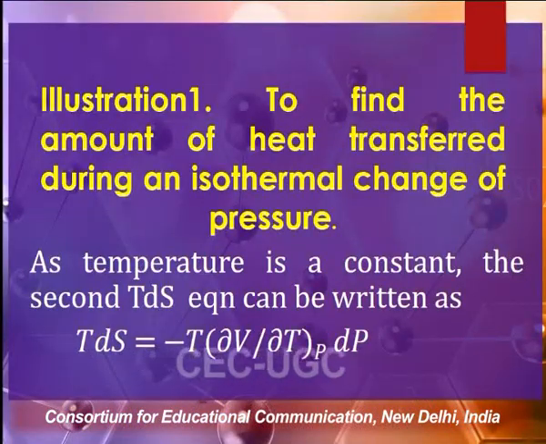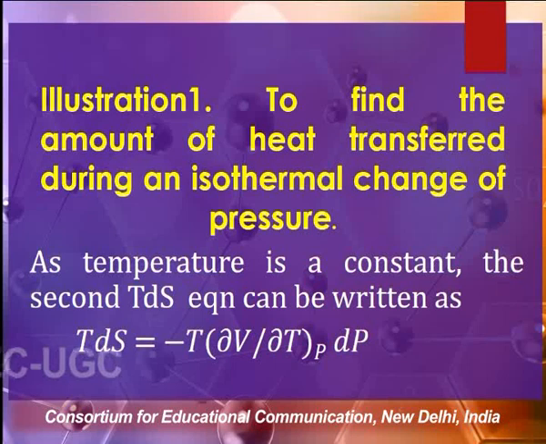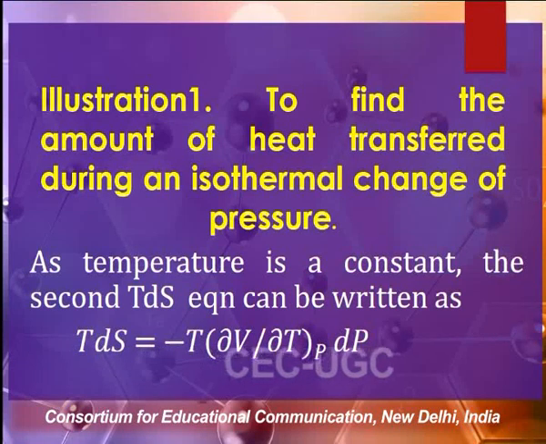This equation is also very important, and to illustrate its importance, let me discuss a simple case. We are supposed to find out the amount of heat transferred during an isothermal change of pressure. If we keep the temperature as a constant, the second TdS equation can be written as TdS is equal to minus T (∂V/∂T) at constant P into dP.